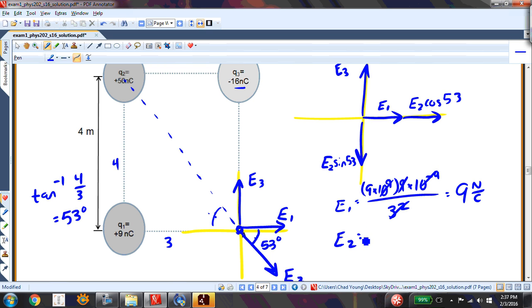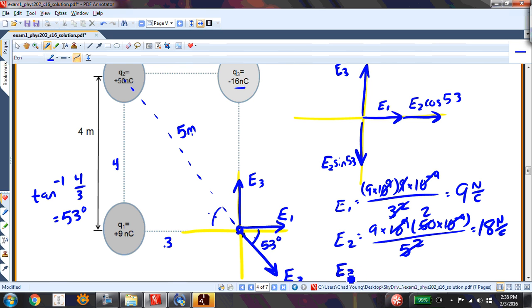E2, 9 times 10 to the 9th. What is Q2? 50 times 10 to the minus 9 divided by this distance, which is 5 meters. Square root of 3 squared plus 4 squared equals 25. The square root of that is 5. So that's 5 squared. Cancels, that's 25, so it leaves me a 2 up there. This is equal to 18 newtons per coulomb.